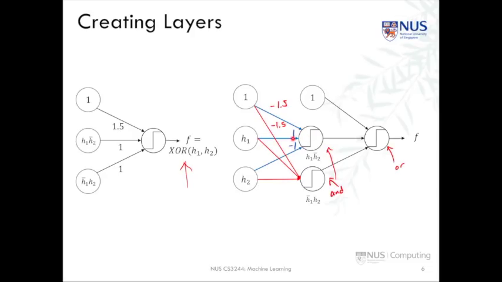When H1 is on, that will give a positive 1 score. And when H2 is negative, this will be negative 1. It'll be times by negative 1, so it'll be a plus 1. So we're going to get a negative 0.5 plus 1 plus 1, which will be 0.5, and that will fire and contribute a plus 1 on the output, right?